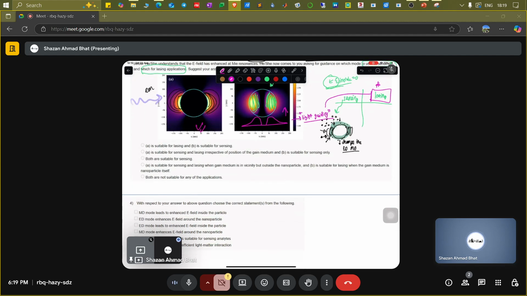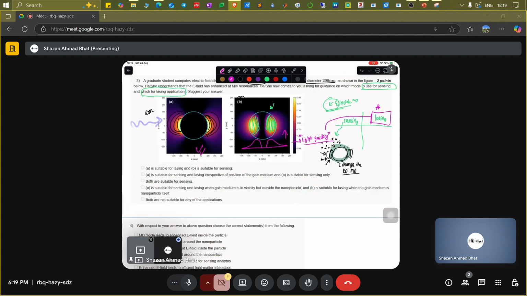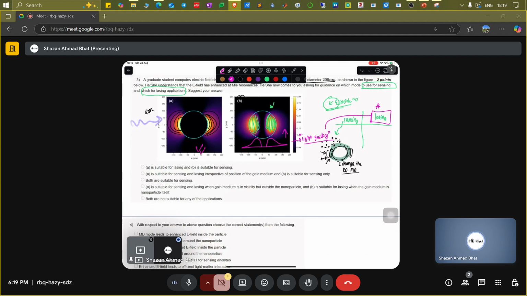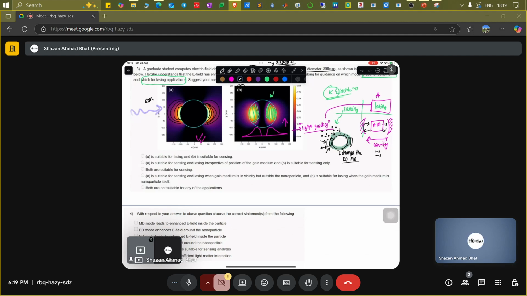In the lasing application, you want most of the electric field distribution to be present inside this particular system. Let me talk about how a laser works. You have some active medium, and for example some reflectors. This is called a cavity. Photons go back and forth in this cavity, interact with the active medium, and emit a coherent source of electromagnetic waves by the process called stimulated emission.